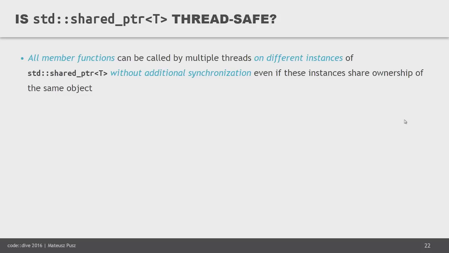As a summary, all member functions of the shared pointer can be called from different threads when they touch different instances of the shared pointer, even if they point to the same stored object. So if you are working on different instances of shared pointer, you can use anything you want to modify that shared pointer.